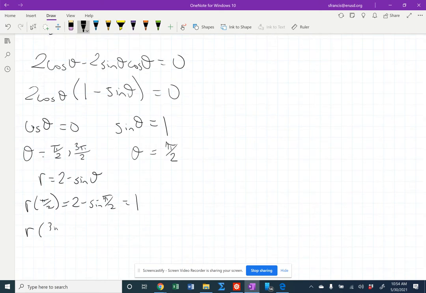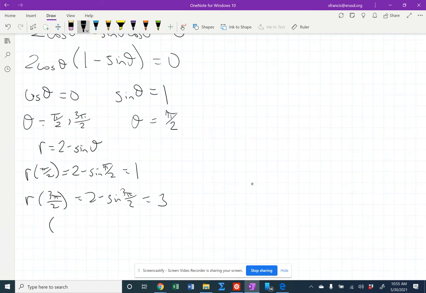And r of 3 pi over 2 is going to be 2 minus sine of 3 pi over 2. Sine of 3 pi over 2 is negative 1, so 2 minus negative 1 is going to be 3. So the points where this is going to happen in the polar plane is going to be 3 comma 3 pi over 2 and 1 comma pi over 2.